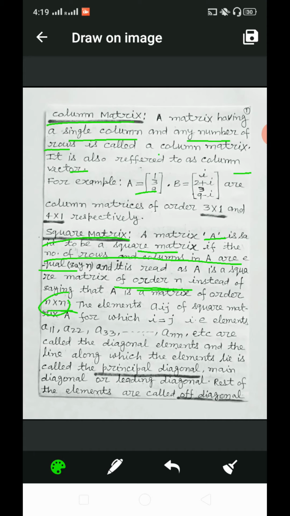The elements aij of square matrix A for which i is equal to j, here the number of rows is equal to the number of columns.